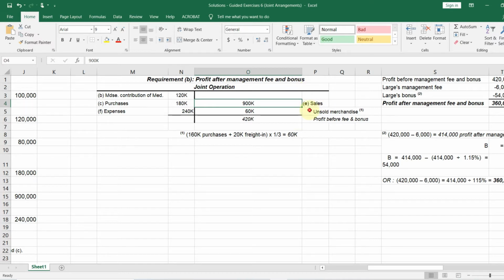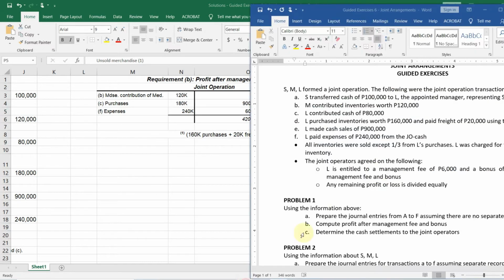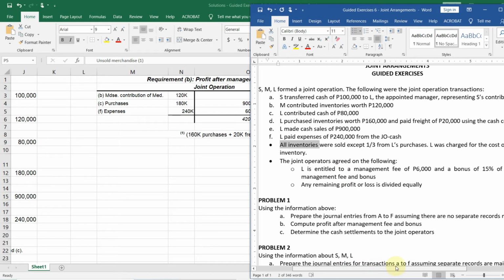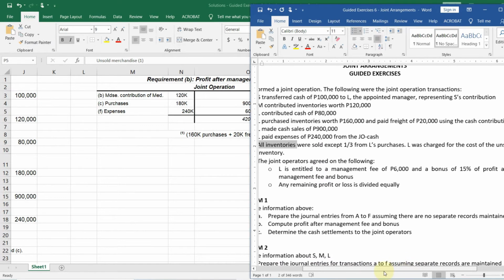And then, the unsold merchandise is computed from this one. All inventories were sold except 1/3 of L's purchases. L was charged the cost of the unsold inventory.